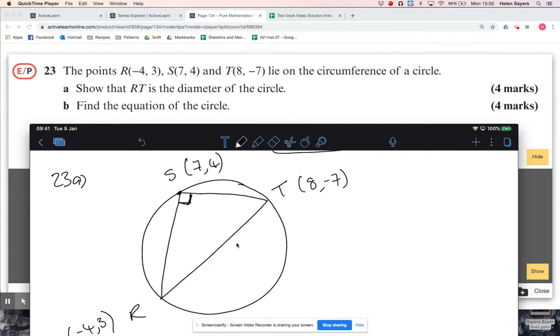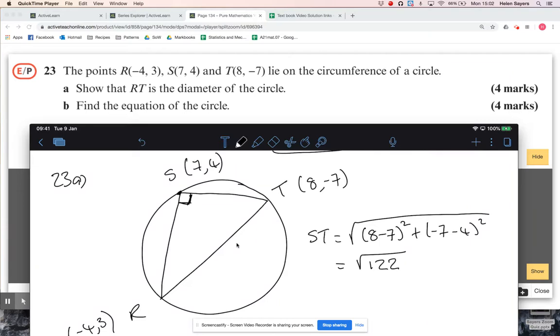Right, so that's then easy enough, isn't it? So the distance from S to T is going to be the square root of 8 minus 7 all squared plus minus 7 minus 4 all squared. So that's 1 squared plus 11 squared. This doesn't work, I'll check some of my arithmetic.